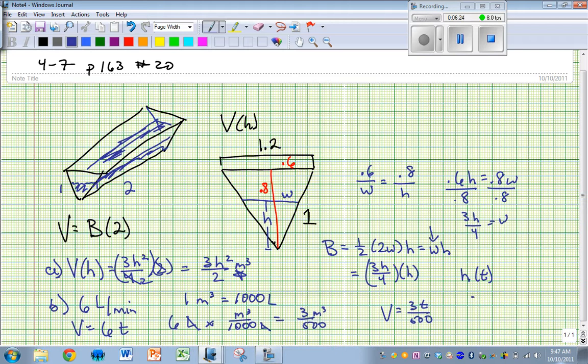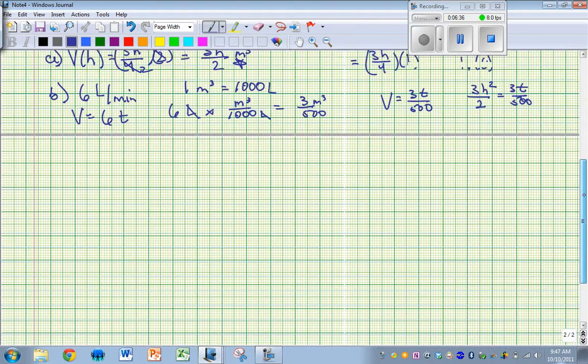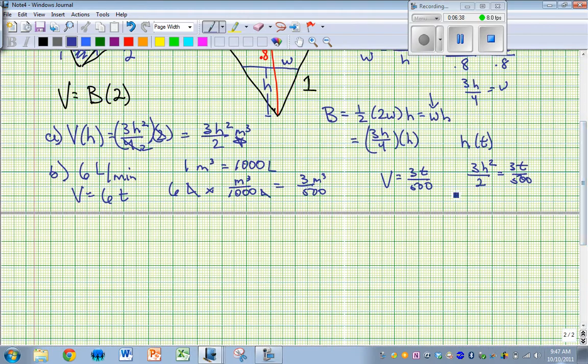So I have 3h squared over 2, which equals 3t over 500. I solve this by multiplying by the reciprocal, 2/3, so that goes away. So I have h squared equals 2t over 500.